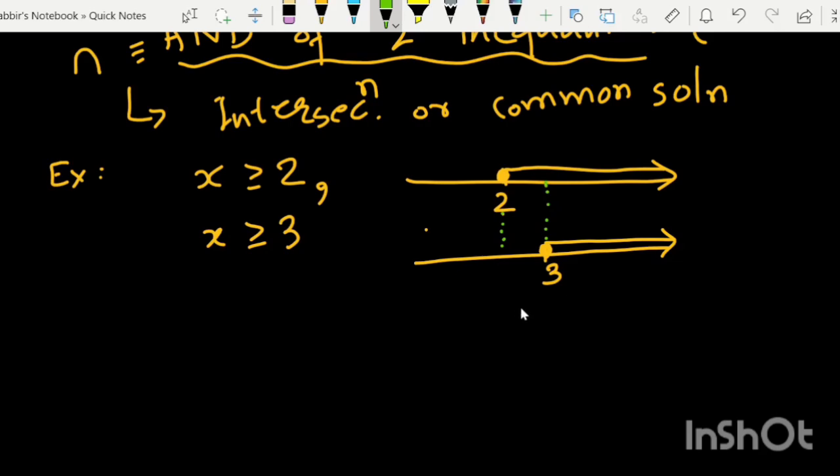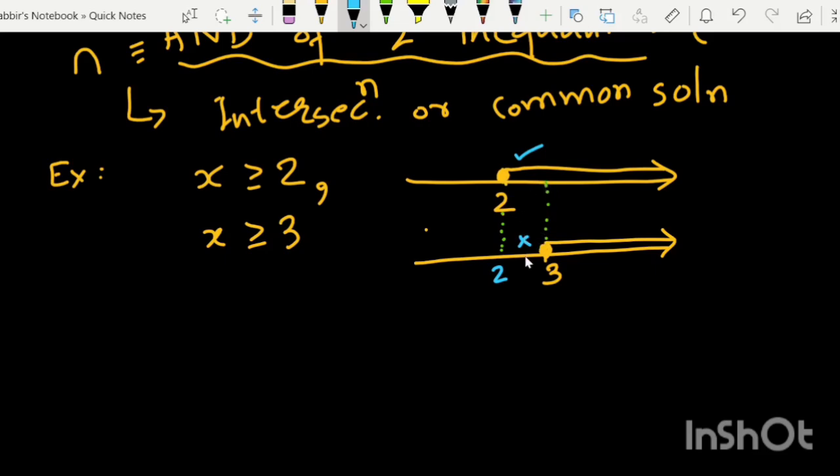Okay. Now since we have to find common solution, we can see here that from 2 to 3 solutions exist, but here it doesn't exist. So since we have to find common solution, x belonging to 2 to 3, here also 2 to 3, it's not there, but here it is there.